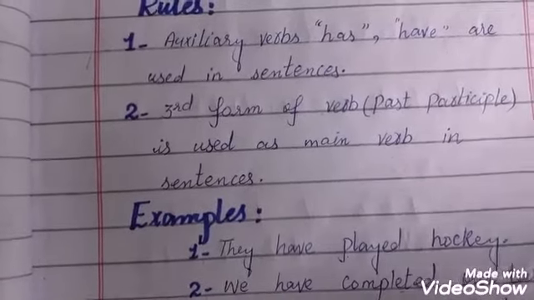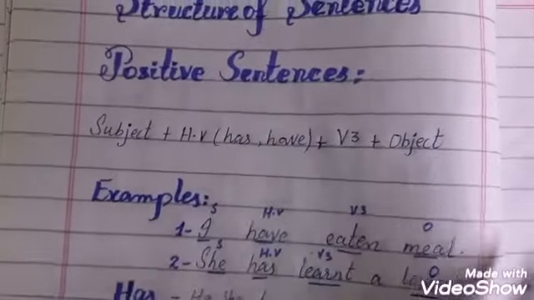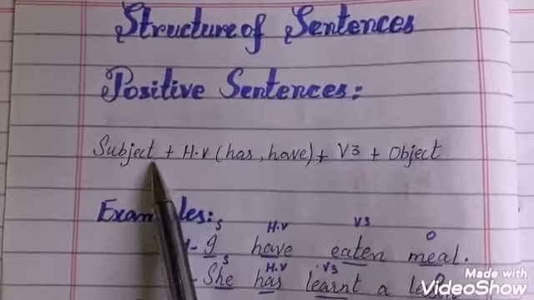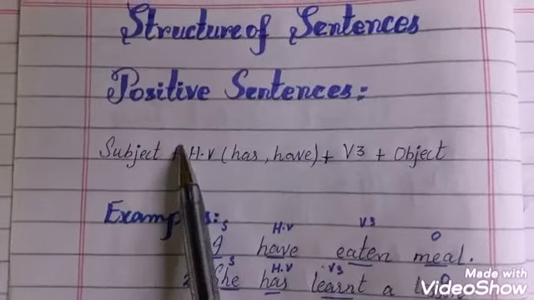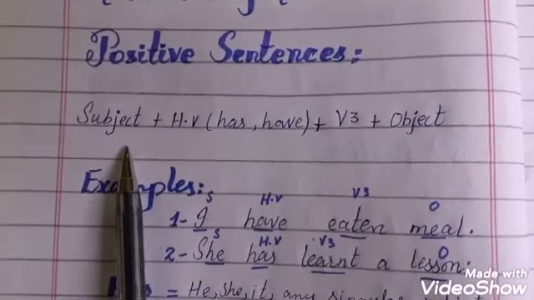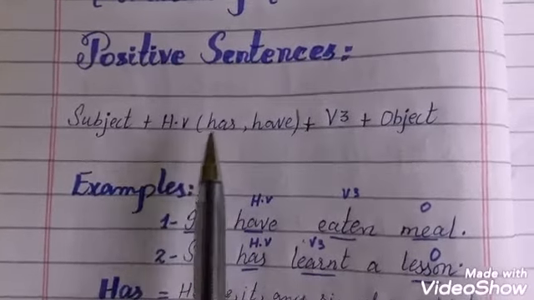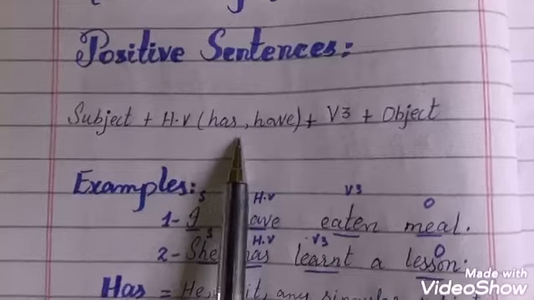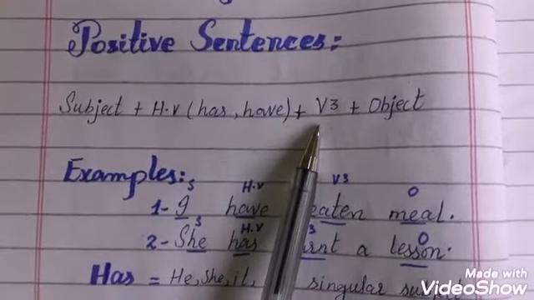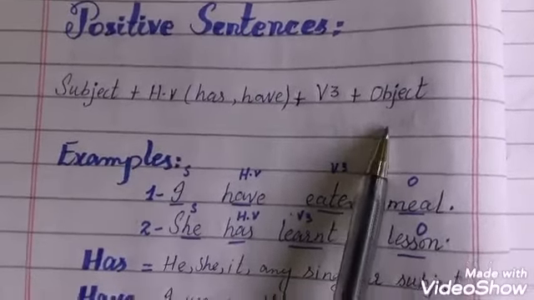Now we are going to study the structure of present perfect tense. At first, we shall discuss the structure of positive sentences. In positive sentences, we use subject first of all, then helping verb or auxiliary verb, that is has or have, then V3, third form of verb or past participle, and in the last we use object.